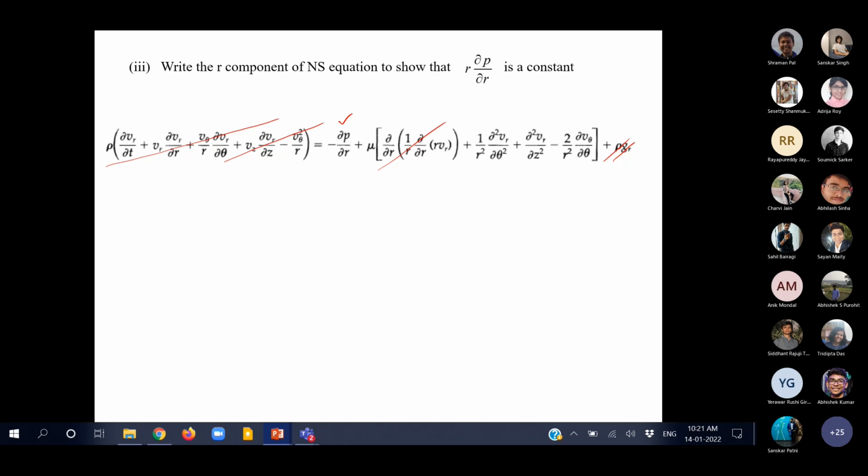How about the second term, del square VR del theta square? 0 due to symmetry. Del square VR del Z square?